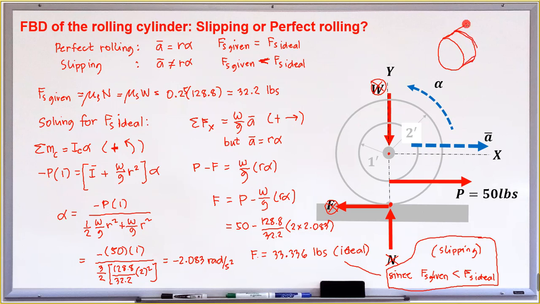Although it is stated that the two solid cylinders are connected, they already summed up their weight. So the weight is equal to the given 128.8. And the inner circle represents the diameter of our drum. So the drum is just attached there. There is a rope there, then the force P is tied to it.